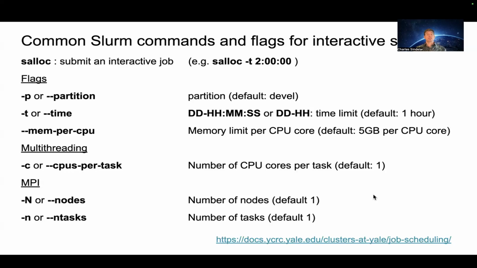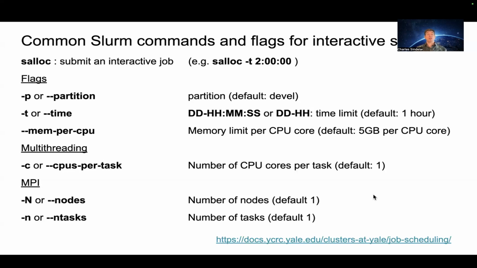Now, there are other options for parallelizing jobs in the cases where that is helpful. There are two main ways to parallelize, and they are known as multi-threading or MPI. Those are the two kinds. For multi-threading, the relevant option is CPUs per task or -c. So for applications that have multi-threading capabilities, you can change this number to be greater than 1.